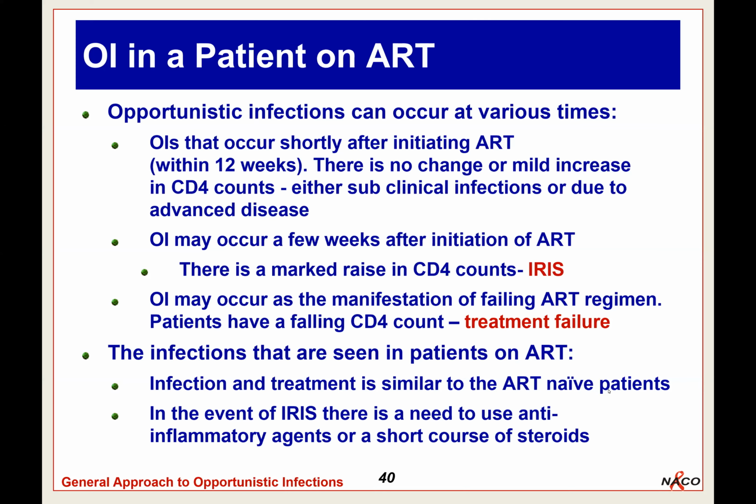There can be some role of steroids, especially if it is a paradoxical reaction. But if it is an undiagnosed OI or the other type of IRIS, then there will not be any role of steroids as such. You will have to treat the patients with OI-specific treatment.